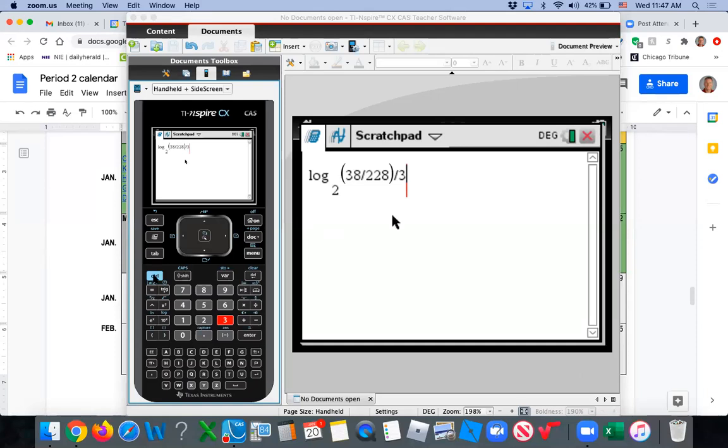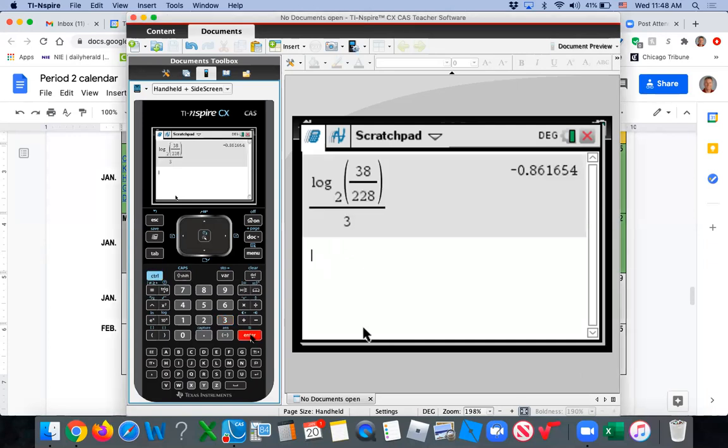All right, so I did control log. So I have log base 2 of 38 divided by 228 and then divided by 3. And so then I have to hit control enter on the handheld. And I get negative 0.86.